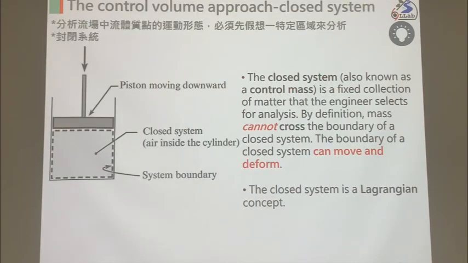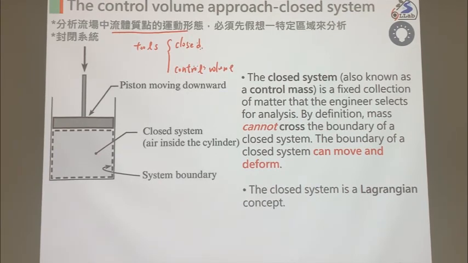Okay, so the next chapter we will teach on Friday. Right now we would like to introduce two tools. The first one is the curl system, and the other is the control volume. We want to apply these two systems to analyze fluid particle motions, but they are based on different systems.